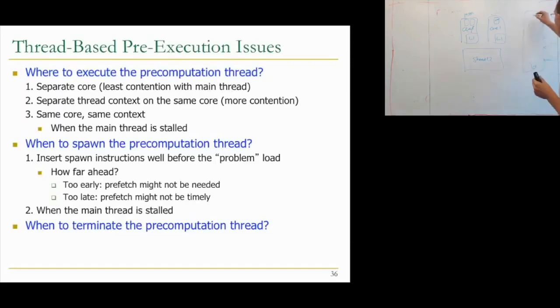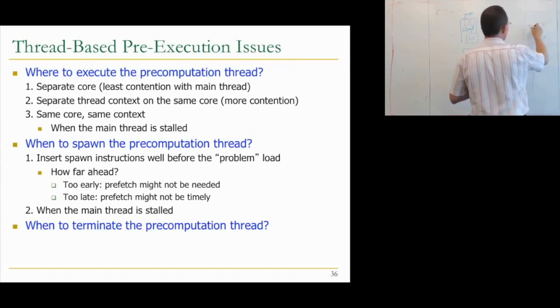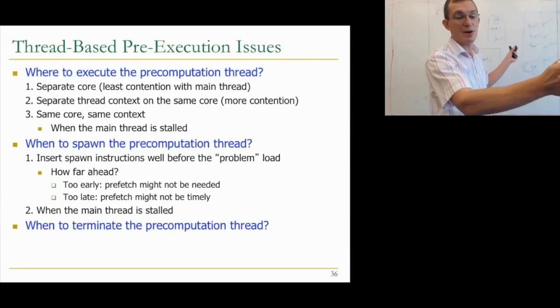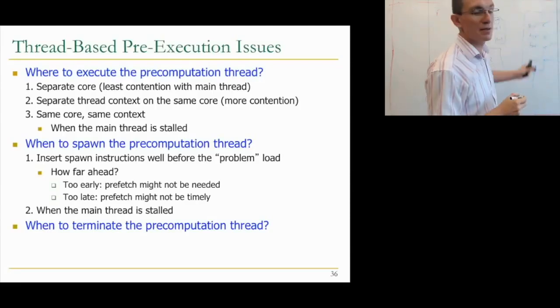If you spawn too early, let's say you fork over here, and the speculative thread reaches the load, gets a cache miss and handles it, but the main thread may never reach this load because you spawned too early. There's a bunch of branches over here, and the main thread will never reach the same load because the branches are taken some other way, right? So too early is maybe bad also.